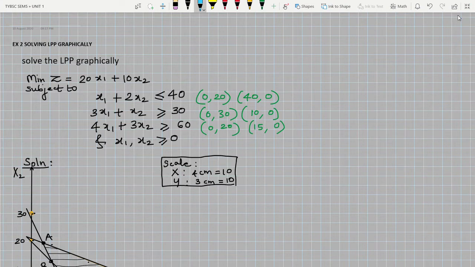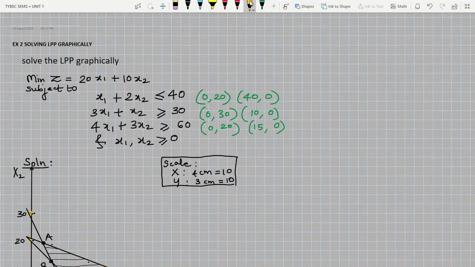Just to recall, this is your objective function and these three are linear constraints. This is the non-negativity condition. Now in the first video you have seen how to represent linear inequalities on a graph. So using the same technique, you first consider the equation out of this inequality.